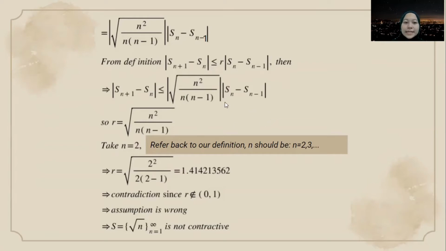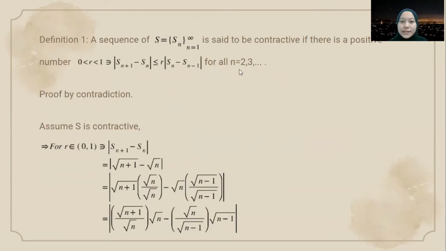So here we can see r is equal to root n squared over n times n minus 1. So refer back to our definition, it's that for all n equal to 2, 3, 4, and so on.